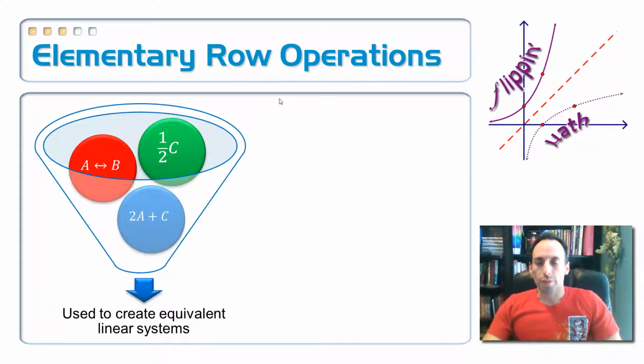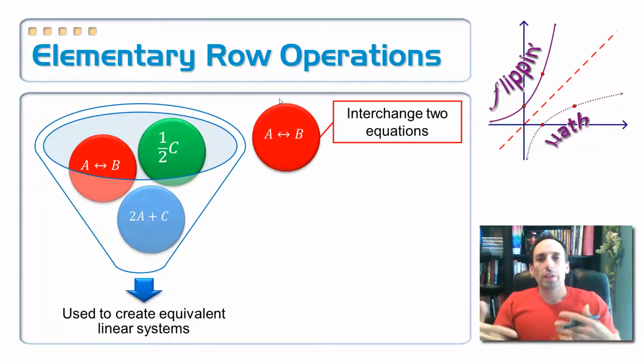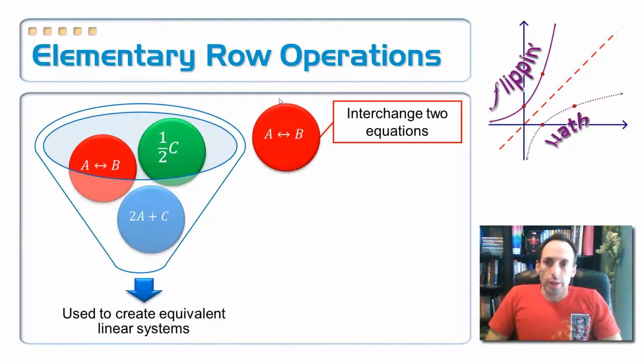Okay, so the first one is I can take any 2 equations and I can interchange them. Whenever I give you 3 equations, it doesn't matter which one comes first. Just like whenever you use the slope formula to find the slope between 2 points, it doesn't matter which one is first as long as you keep it consistent on the top and the bottom. It's the same kind of thing. So you can switch any two equations and you produce an equivalent system.